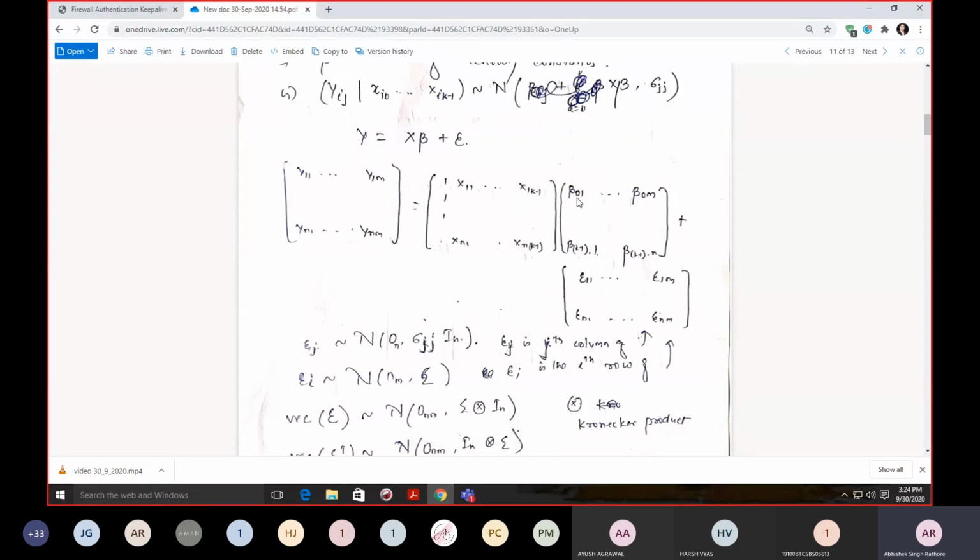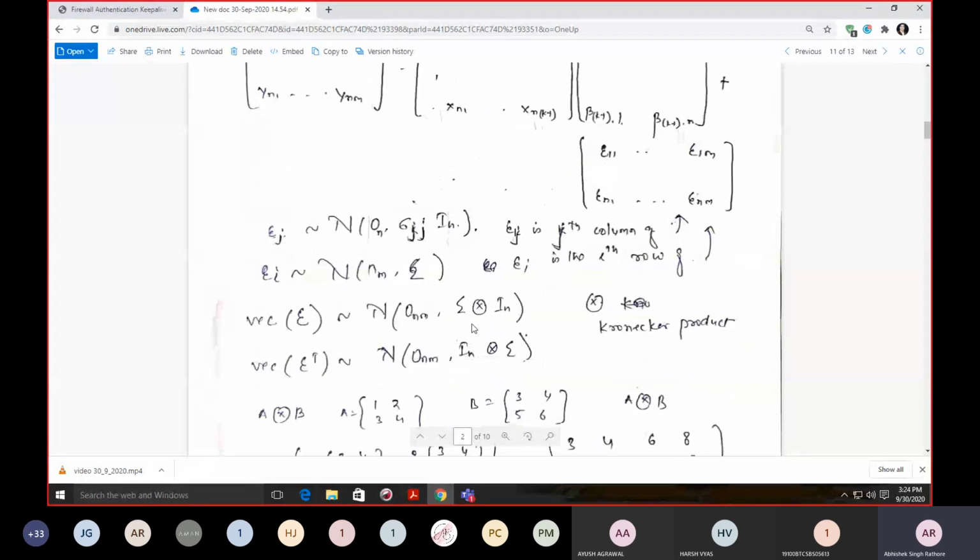Again we have a beta matrix. This is beta01 and beta0m, up to beta(k-1)1 and beta(k-1)m. Fine. So I'm just increasing the size of this.